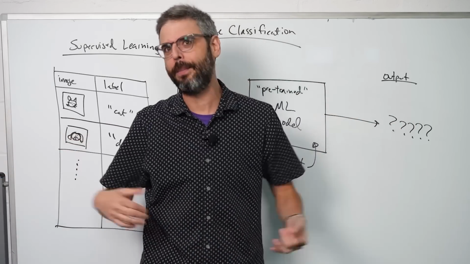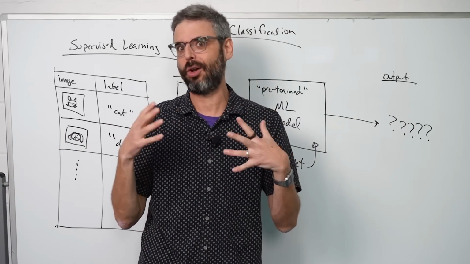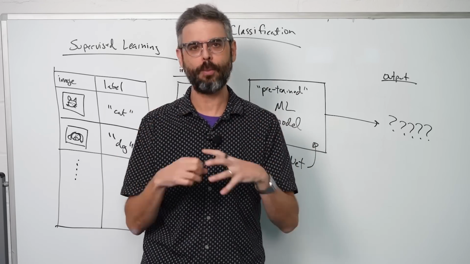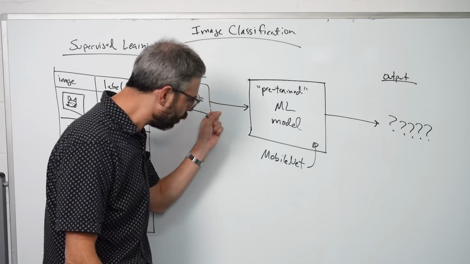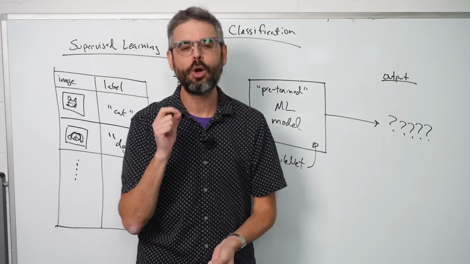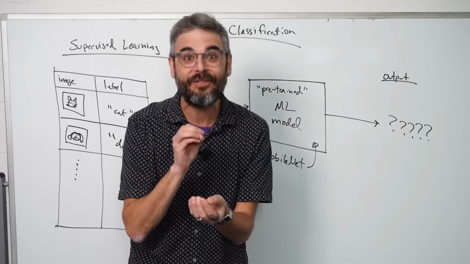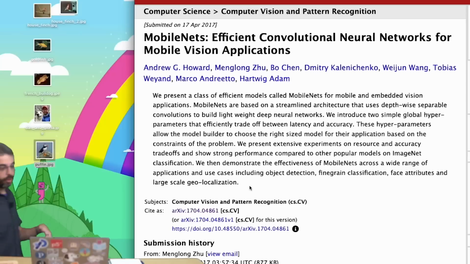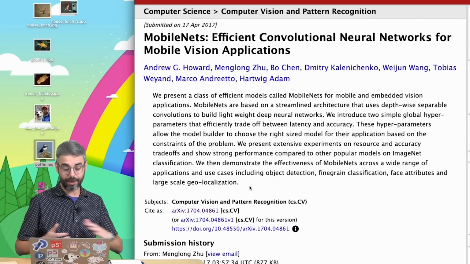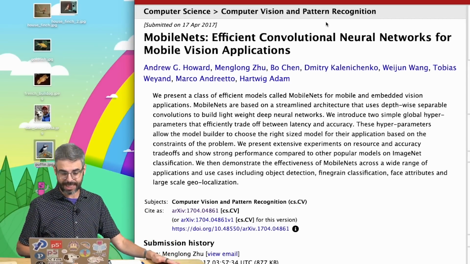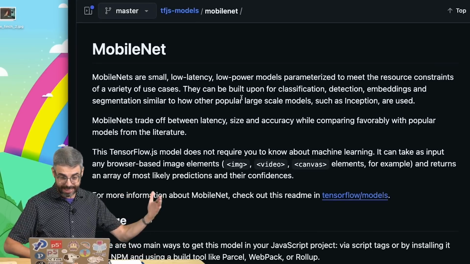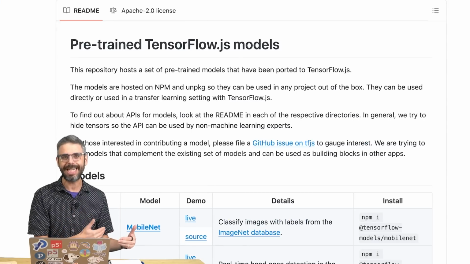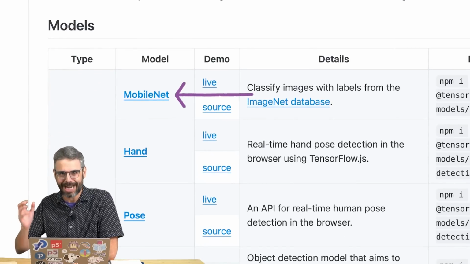A bigger model might be more accurate, more so-called powerful, but it might be slower to run or require larger, more powerful computers. So the researchers who developed MobileNet had a goal to create an optimized, efficient image classifier that could run on a mobile device. You can read all about their work in the original paper that was published in 2017, as well as in the GitHub repository. This particular version that we're using is a TensorFlow.js model.